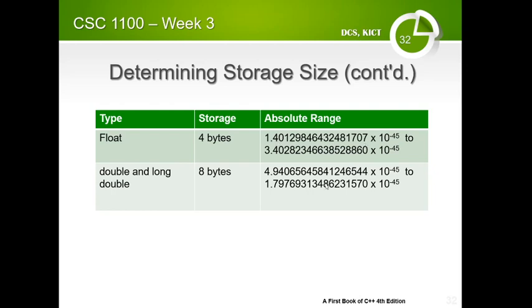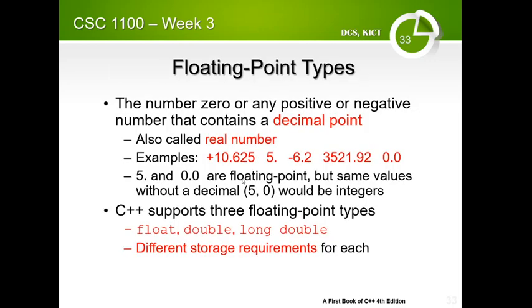Double and long double support a particularly bigger range, but they also require bigger storage. For example, the double and long double actually need 8 bytes.